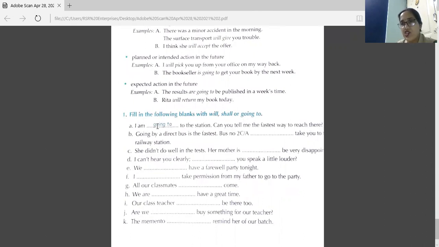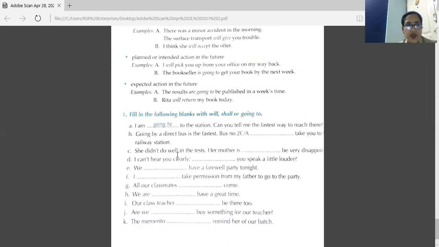You cannot use will or shall there. Next one. Going by a direct bus is the fastest. Bus number 2CA. Now here, what can you write? Will take you to the railway station. Surety there, so we have will here.